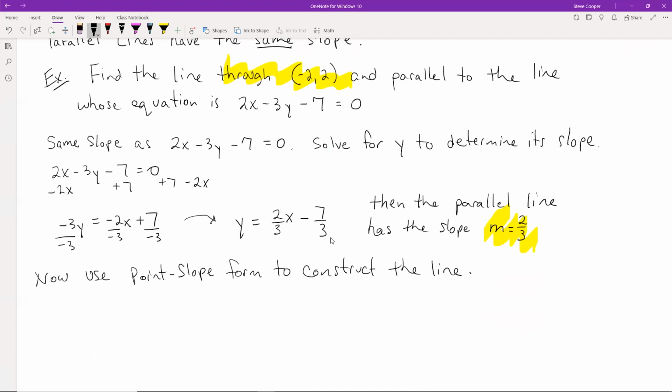Okay, remember point slope says y minus y1 equals m times x minus x1. Here's my m, and here's my x1, y1. Thus, y minus 2 equals slope 2/3 times x minus negative 2, so that becomes x plus 2.